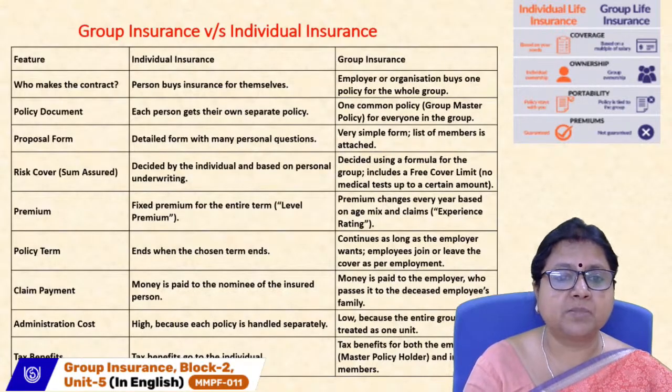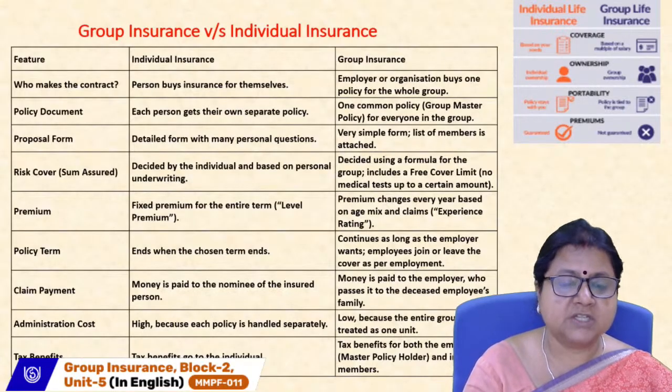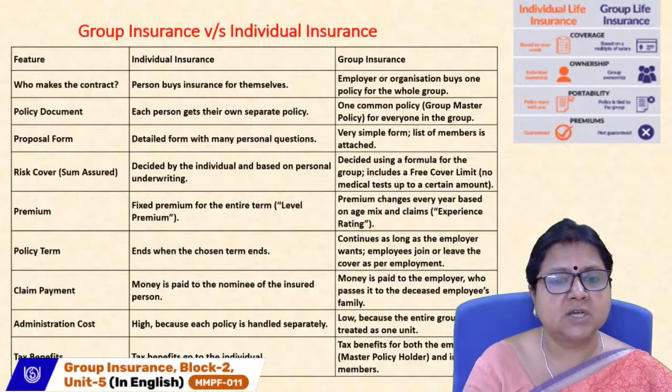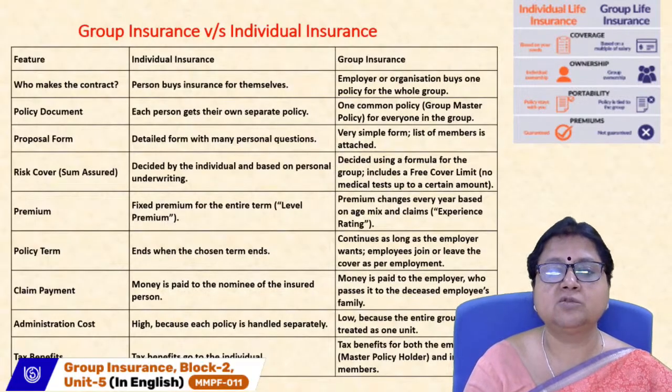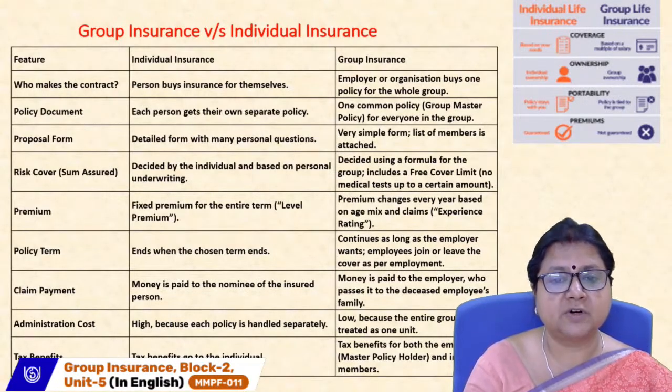If it is a term policy, not an endowment policy, then you will not be getting any sort of money if you survive beyond your maturity period. But if it is an endowment policy, you are surviving beyond the period they have assessed for death.